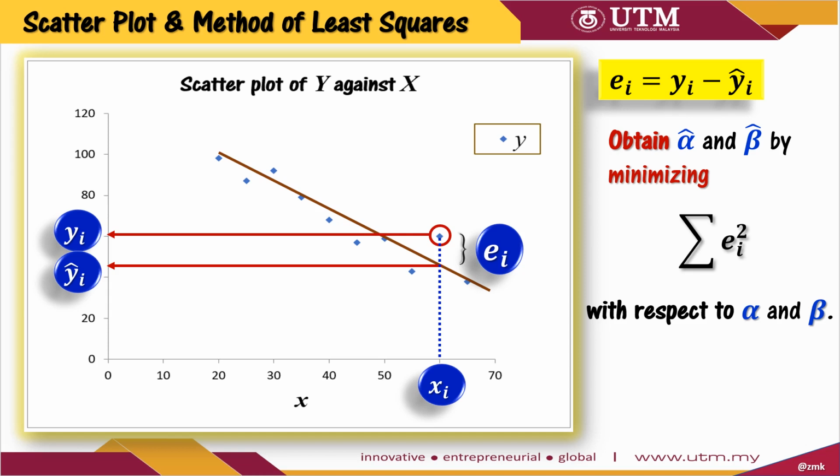Solving the two normal equations simultaneously, you will get the estimated intercept and slope given by alpha hat and beta hat respectively. You may want to look at the detailed estimation procedure in the Statistics for Engineers textbook, pages 146 until 149.